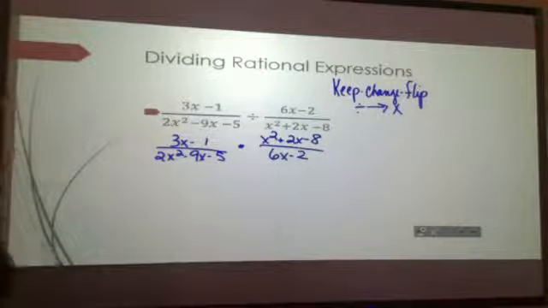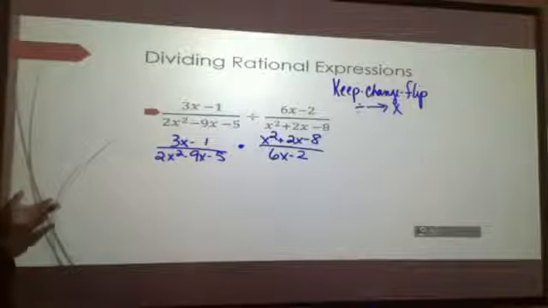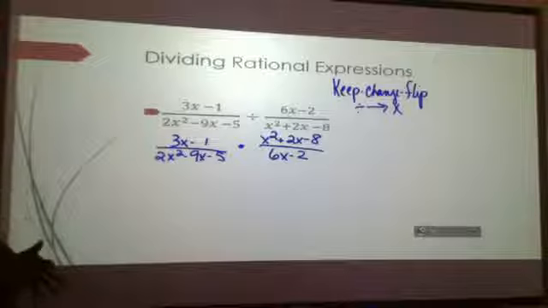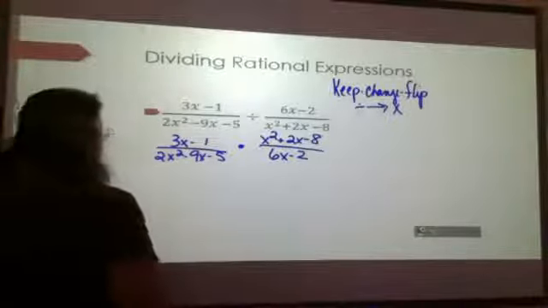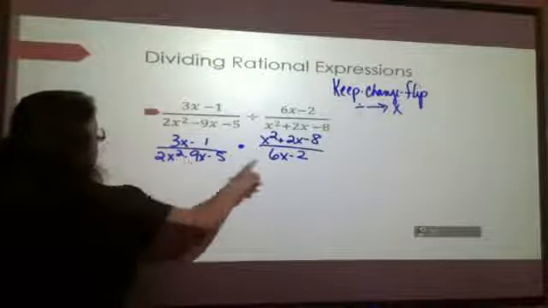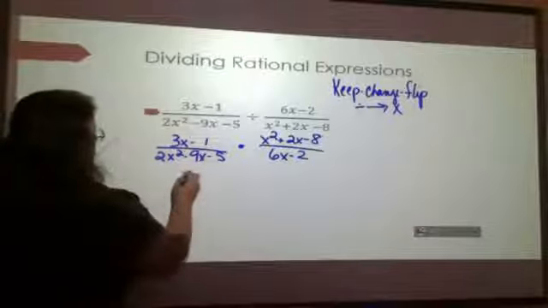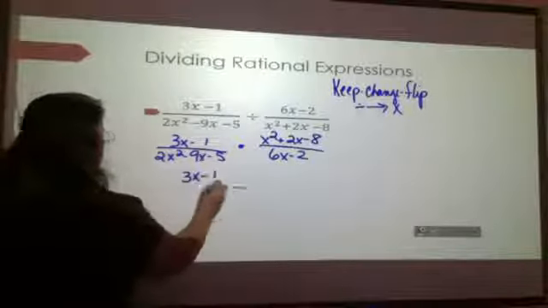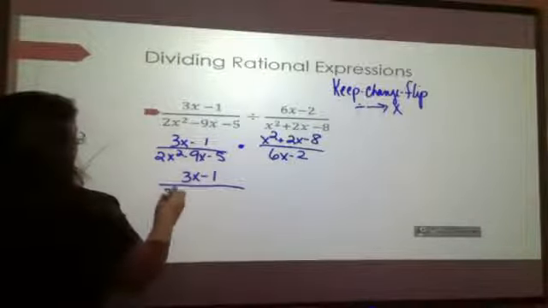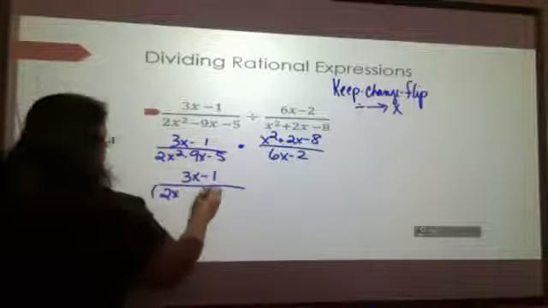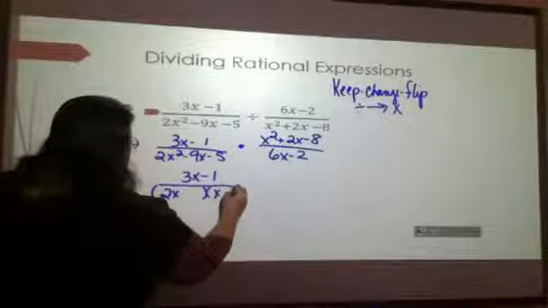All right, now it becomes a multiplication problem, and we talked about a while ago. With multiplication problems, we'd like to cancel, but to do that, we need to make sure everybody's factored. So anything that's a quadratic, or even anything that might have a common term, we're going to pull all that apart, and then hopefully we'll have a bunch of stuff that cancels. We just did this one.